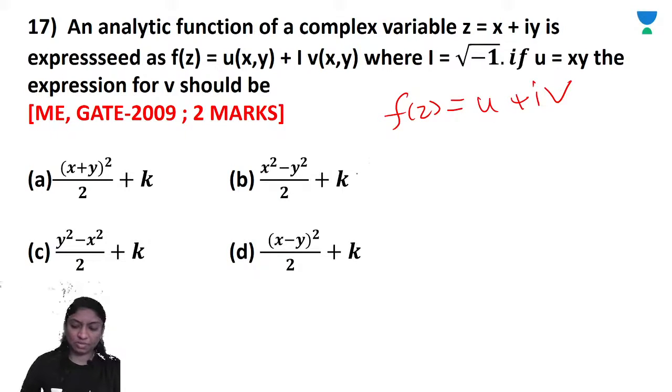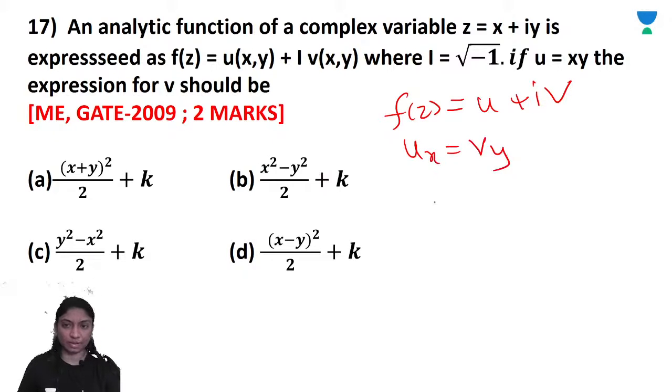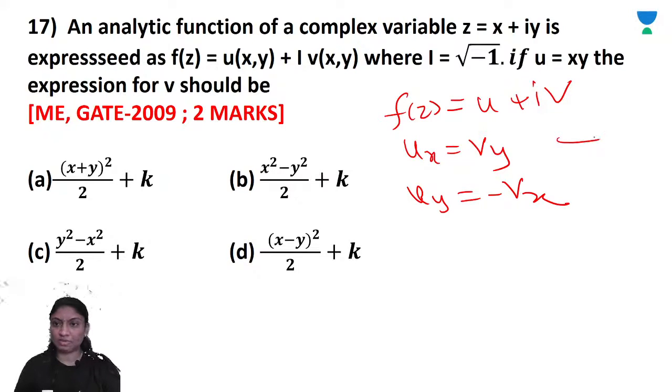So it must satisfy the CR equations, Cauchy-Riemann equations. So you will get Ux is equal to Vy and Uy is equal to minus Vx. This is equation 1, this is equation number 2.